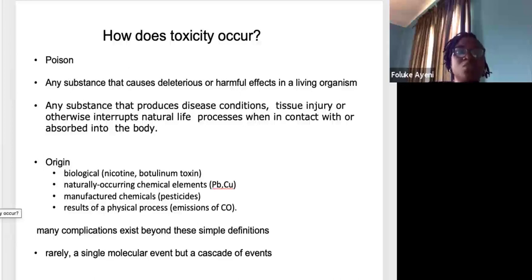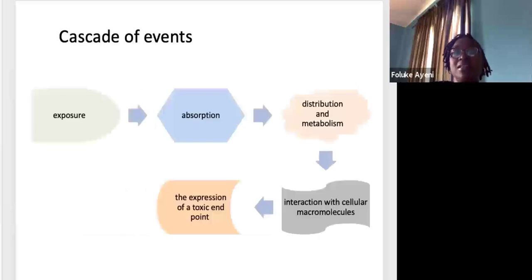And then you very rarely have toxicity occurring as a single event. It's not usually a single molecular event. It's a cascade of events that happens as there's a release, and the toxicity occurs when cellular organisms are exposed to toxic materials or to poison. The organism comes in contact with the exposed toxin, and usually there's an absorption through various routes that we're going to be looking at later on.